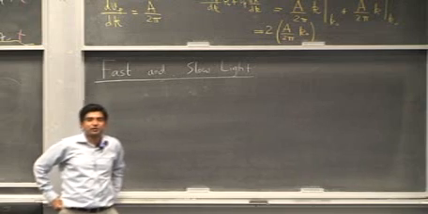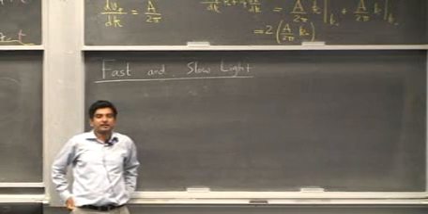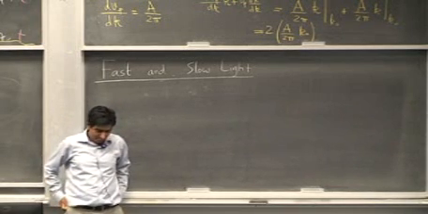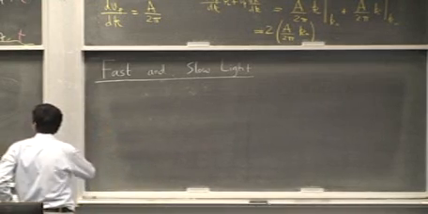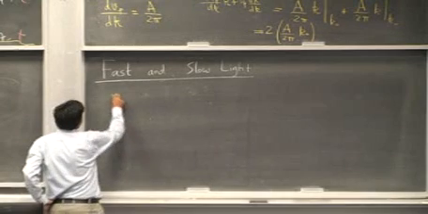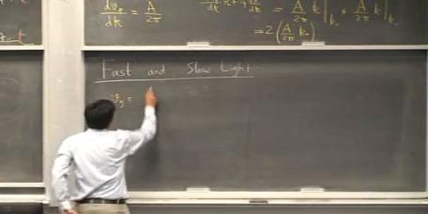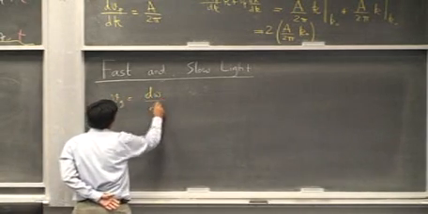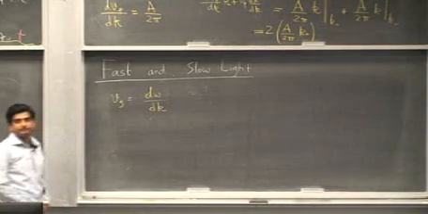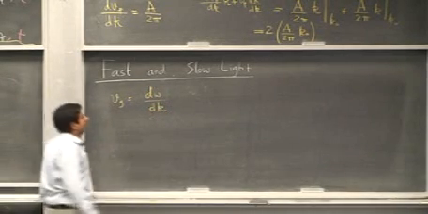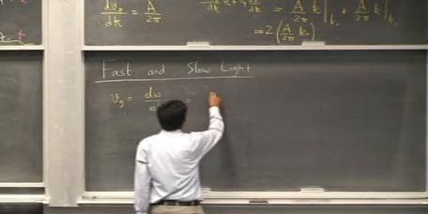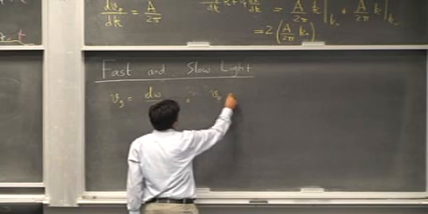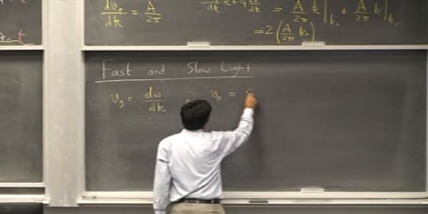All right. So a very interesting example of slow and fast light. We know that the group velocity is given by d omega over dk. And the phase velocity is given by c over n.